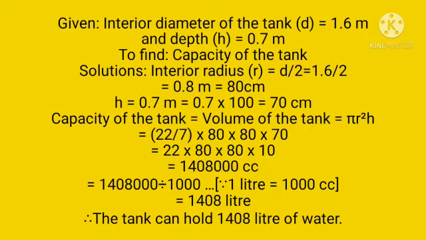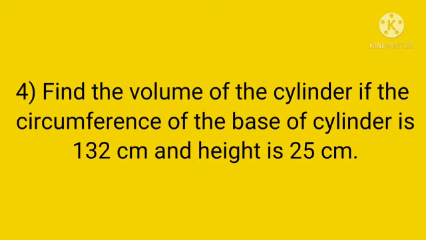After multiplication, which is equal to 14 lakh 8,000 cubic centimeter. To convert it into liters, we have to divide it by 1000, since 1 liter is equal to 1000 cubic centimeter. So we get 1408 liters. Therefore, tank can hold 1408 liters of water.